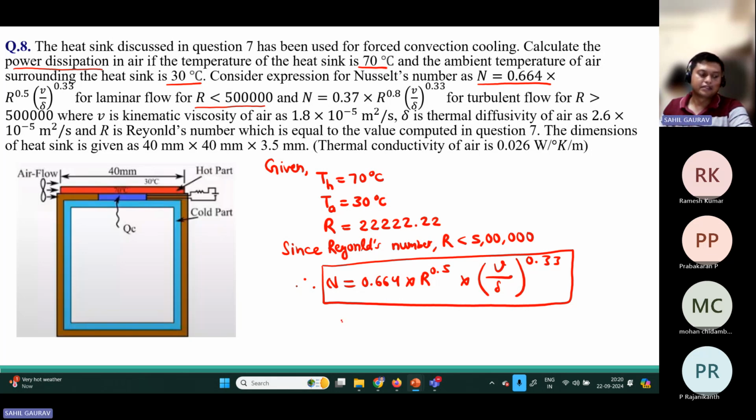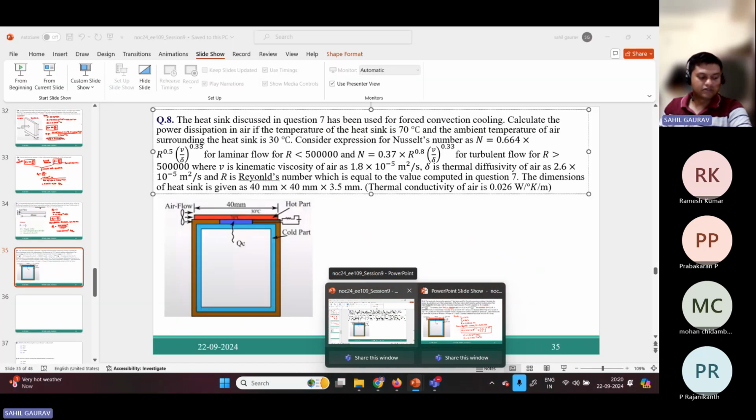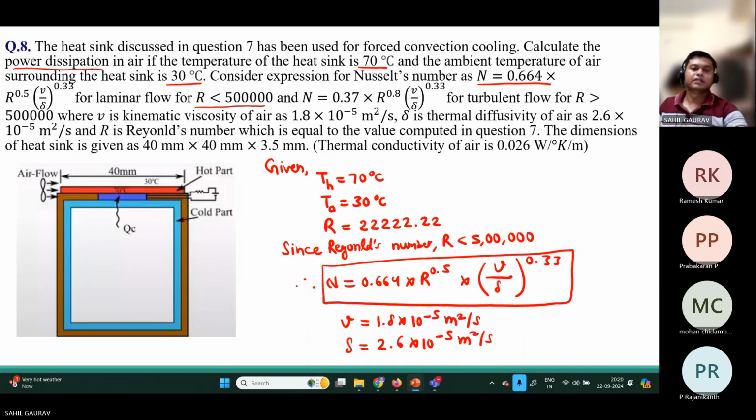The kinematic viscosity of air is given as 1.8 into 10 to the power minus 5 meter square per second, and the thermal diffusivity of air is given as 2.6 into 10 to the power minus 5 meter square per second. These are the things given.